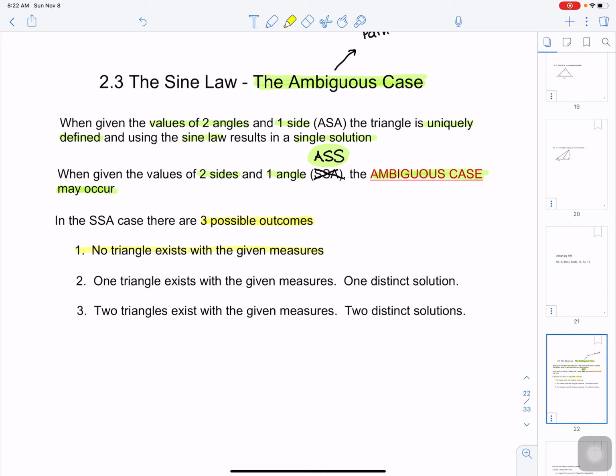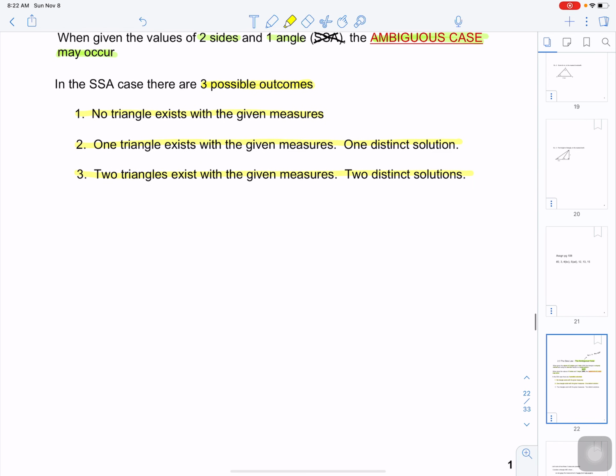You could have no solution or no triangle possible. You can have one triangle possible, or you can have two triangles possible, and the two triangles are giving you two different answers. And step number 3 here is considered the ambiguous case.